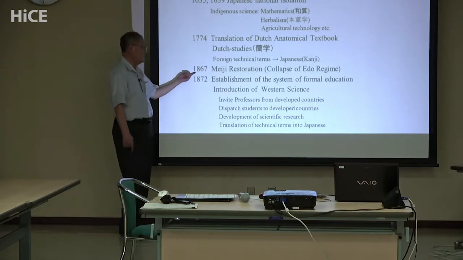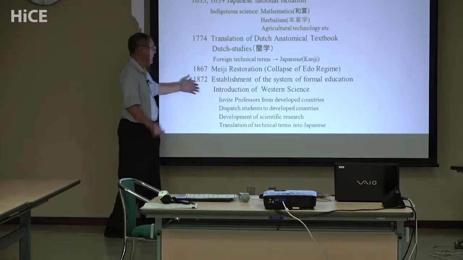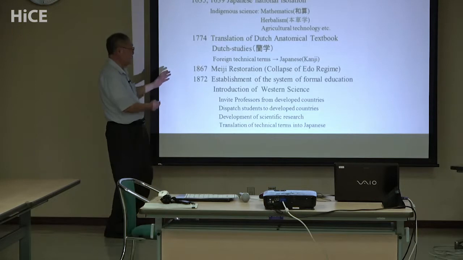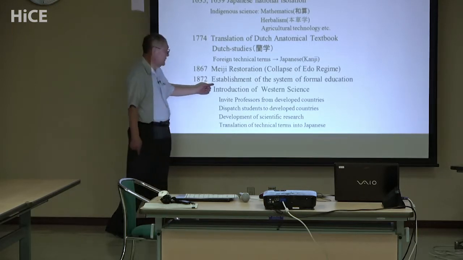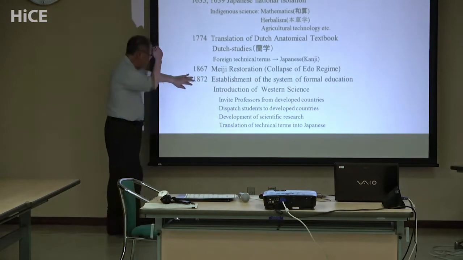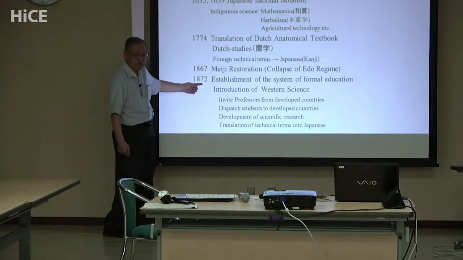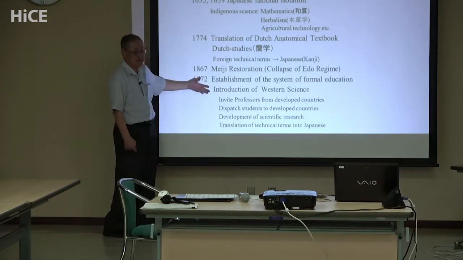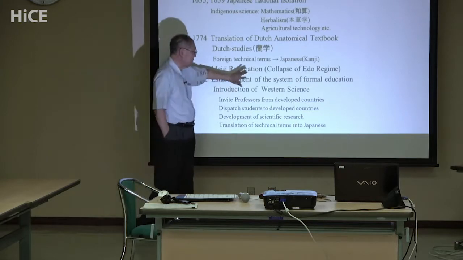And after the Meiji Restoration, the collapse of the Edo regime, we opened the door to Western countries. And at that moment, establishment of the system for formal education. Just only 5 years after the collapse, we changed the system drastically, and the education system was introduced.